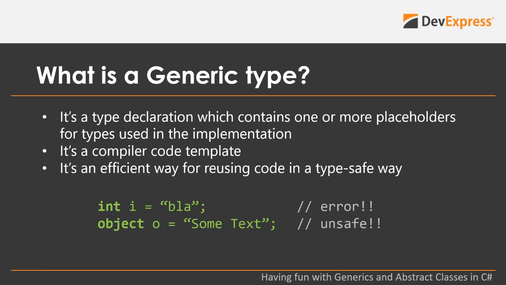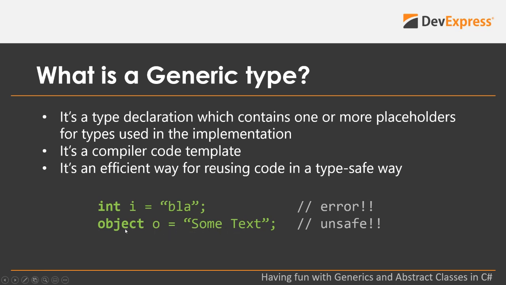And this brings us to the code box here. If I would enter inside Visual Studio, int i is "blah" as being a string, we'll get an error, already at design time. It won't even compile. But, and this is obviously something that you can do with JavaScript as well all the time, object o is some text.